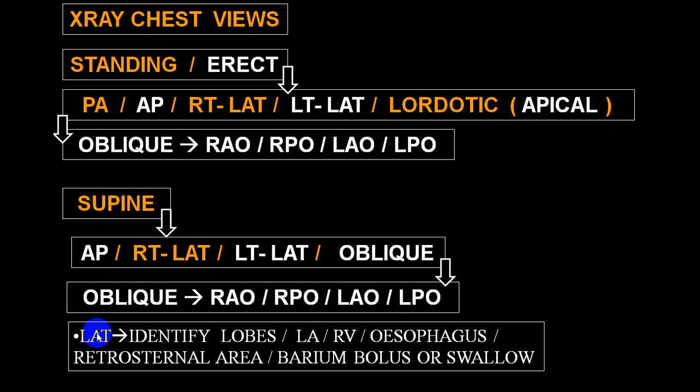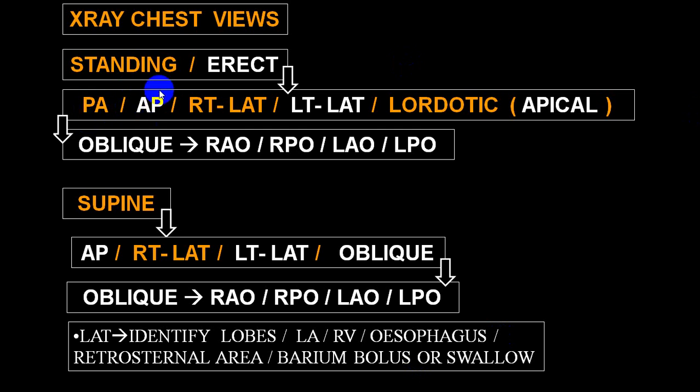Usually lateral views are taken to identify the lobes, to look at the LA, that is the left atrium, right ventricle, esophagus, retrosternal area, and whenever you are taking a barium bolus or barium swallow, a lateral view is a must. Now, to have a little idea regarding a PA view, if you want to visualize anterior structures like the heart, PA view is the best answer.